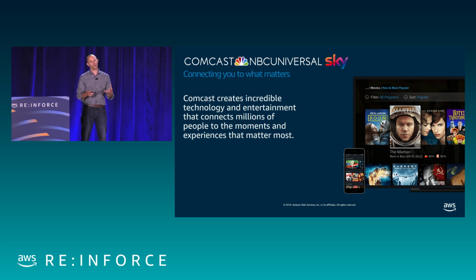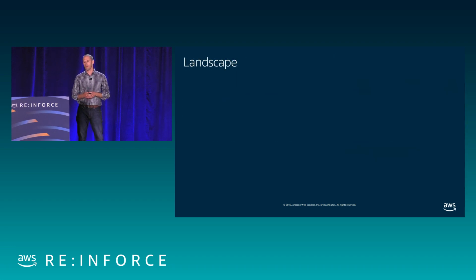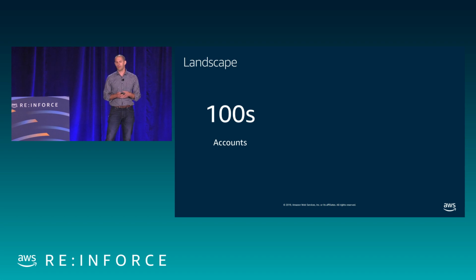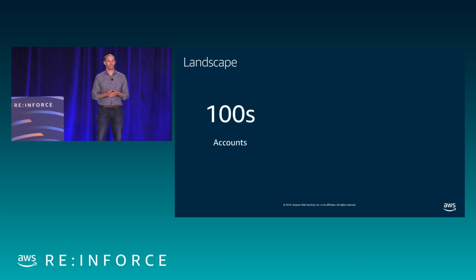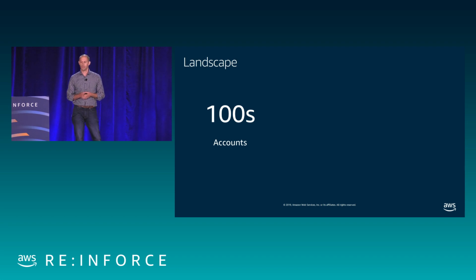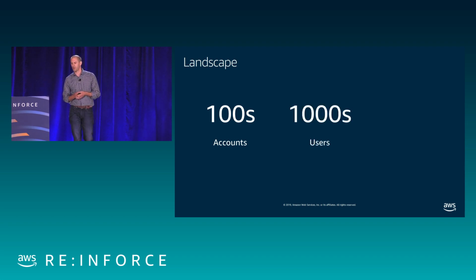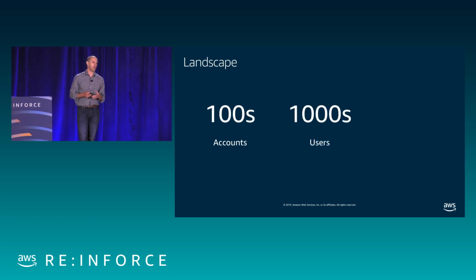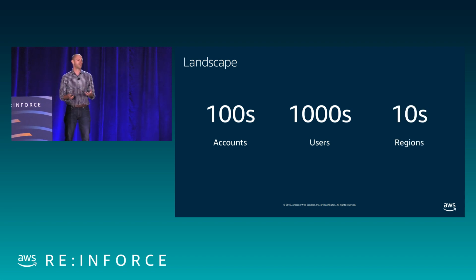So from a scale and a context perspective, we're sort of setting the stage here for the landscape that we have to operate in when we're thinking about governing and architecting for the cloud. Our team specifically is responsible for hundreds of accounts throughout our footprint, thousands of active developers on those accounts at any given time across a number of different regions.